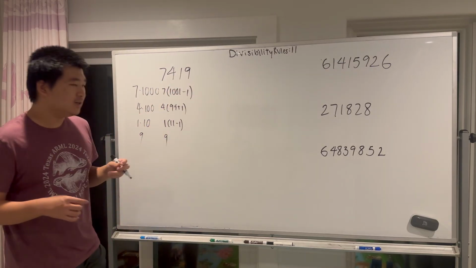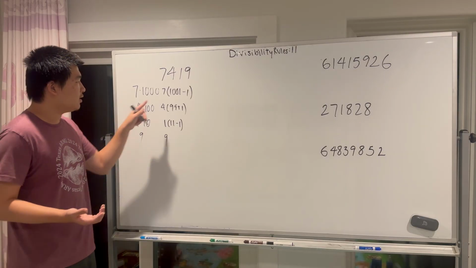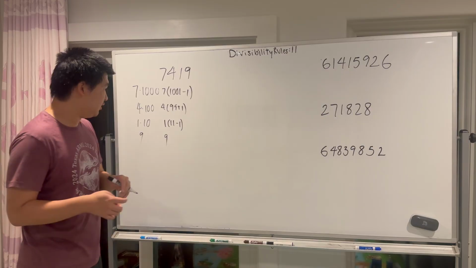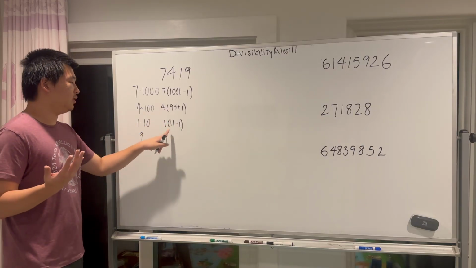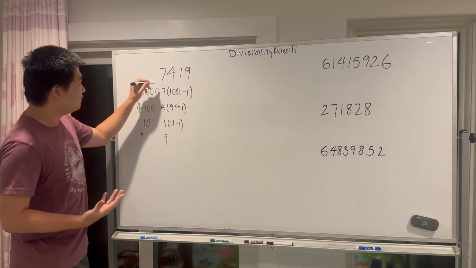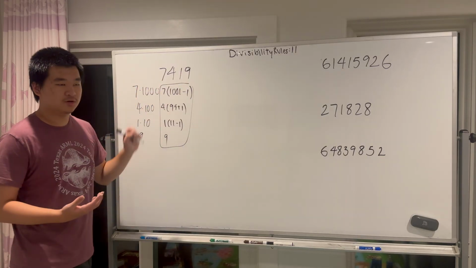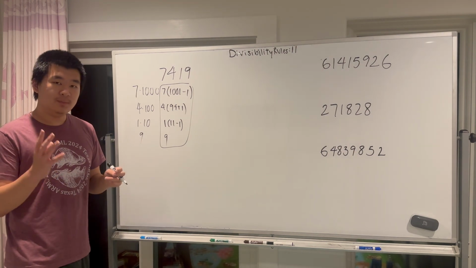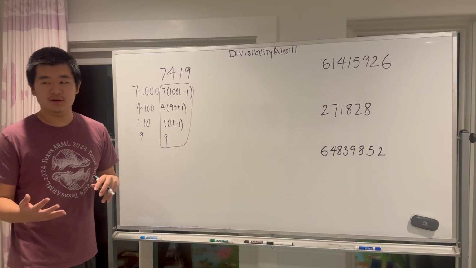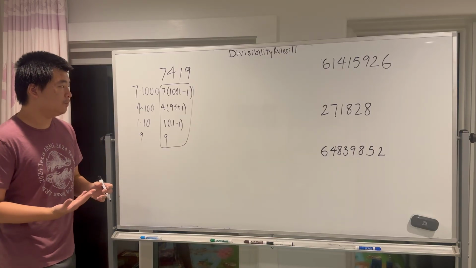So maybe you can see how a pattern similar to that of 9 develops here. Because 1,001 is a multiple of 11, it's 7 times 11 times 13. 99 is a multiple of 11, and 11 is a multiple of 11. So, if this is equal to 7,419, which it is, we should be able to subtract any multiples of 11 that we want and preserve the remainder when we divide this number by 11.